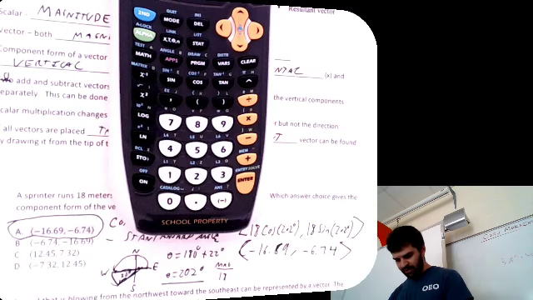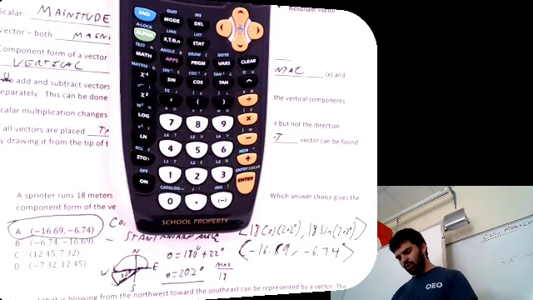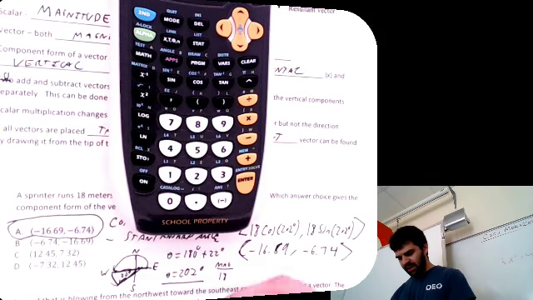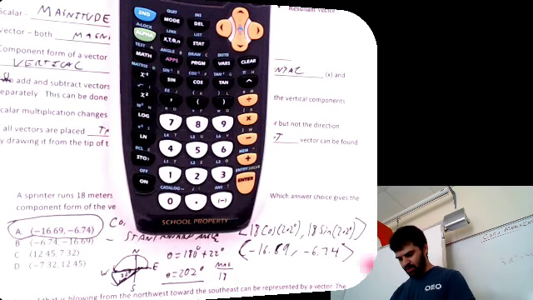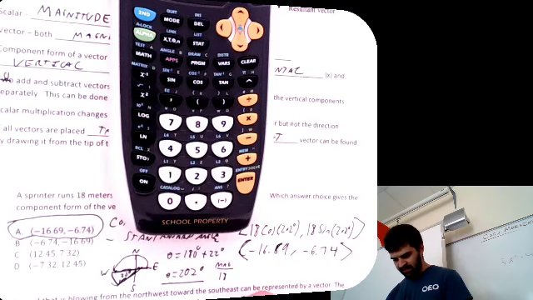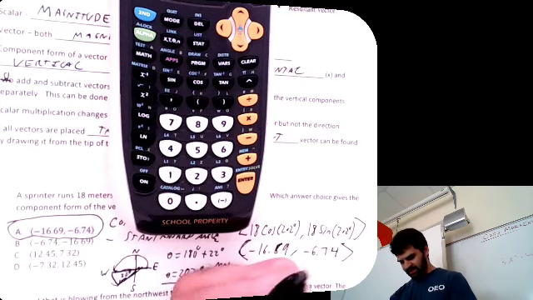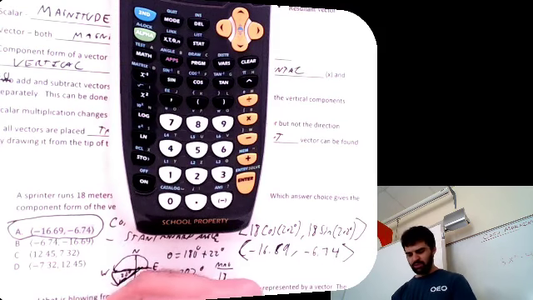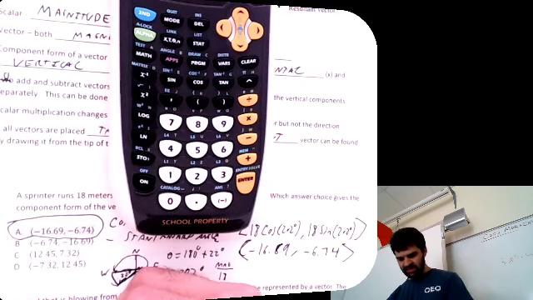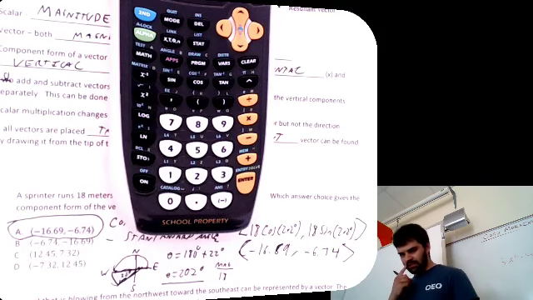If it asks for our actual angle, we could calculate that. But this just says 34.7 degrees north of west. So in fact, by starting at west and going 34.695 towards the north direction, that's actually the same thing as this calculation right here. So with some critical thinking, we can find out that this is the correct value.